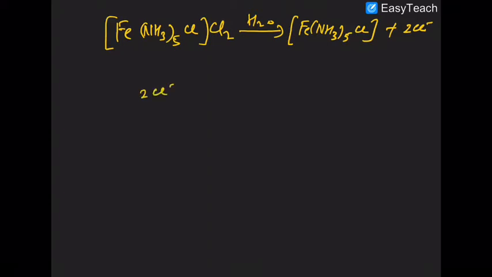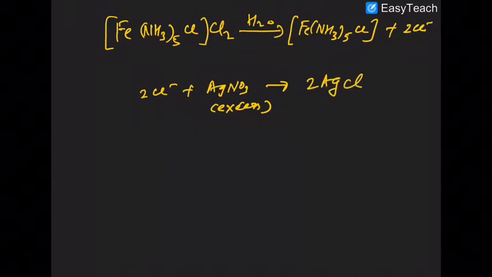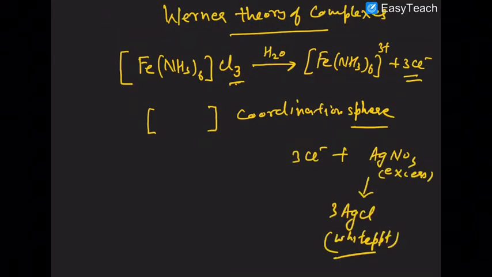If you add silver nitrate in excess, you will get 2 moles of AgCl white precipitate. So in the first case you are getting 3 moles of AgCl white precipitate, because there are 3 chloride ions outside the coordination sphere.